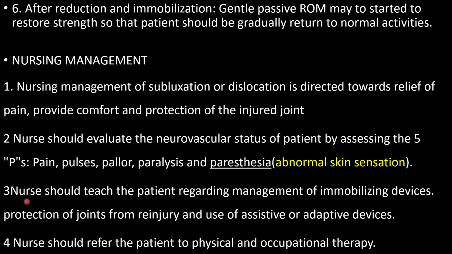Third, the nurse should teach the patient regarding the management of the immobilization device, protection of the joints from injuries, and use of assistive adaptive devices. The nurse should refer the patient to physicians and occupational therapists.